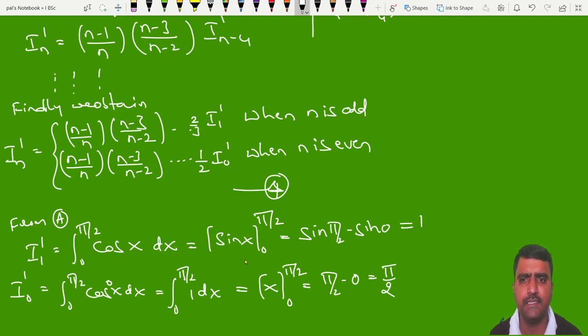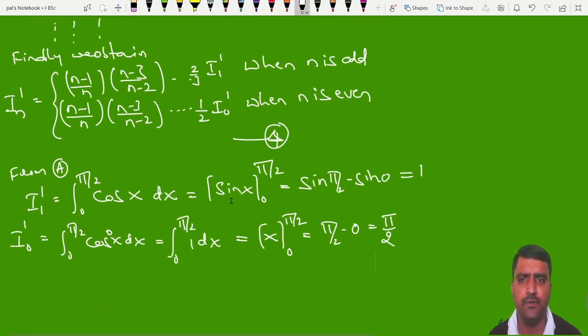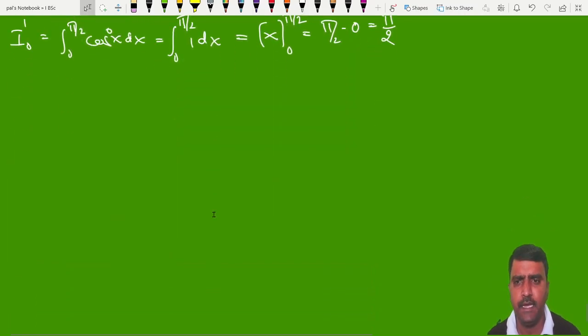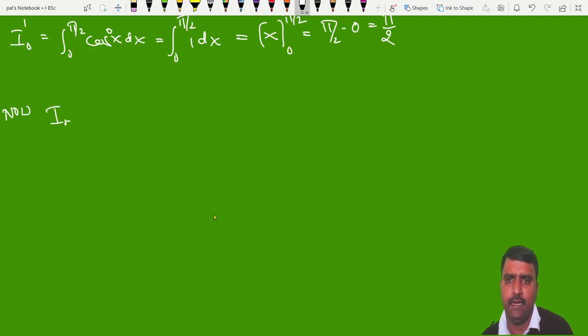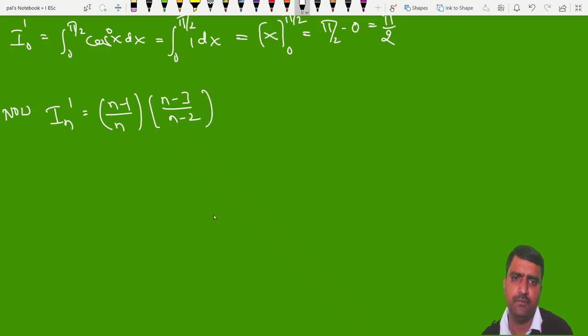You substitute the same in expression 4. Now In dash is equal to n minus 1 by n into n minus 3 by n minus 2 and so on.